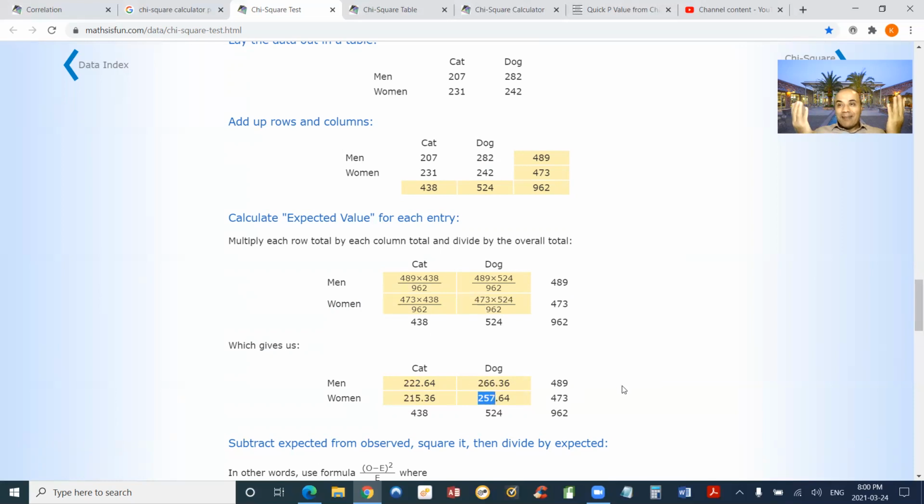What are we talking about? We are talking about the large sample. We are talking about the 962 sample size. We are not talking about the smaller size. If this is your sample, 962, these are your expected values. This is not the same as observed values.